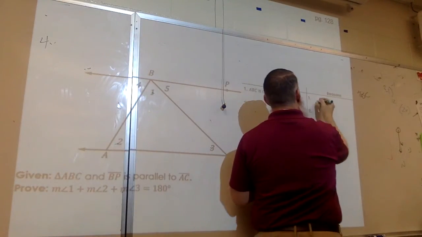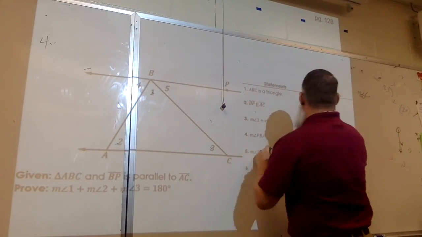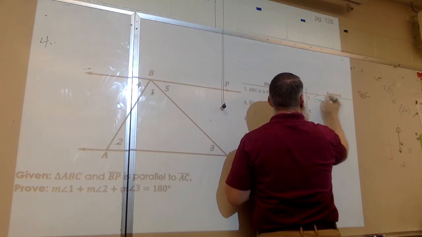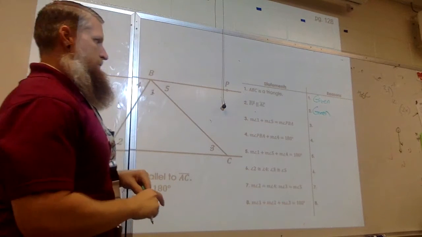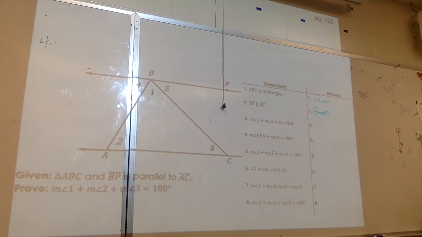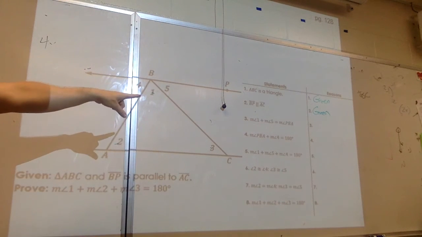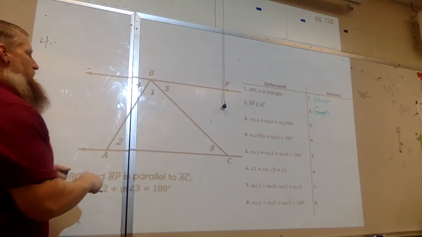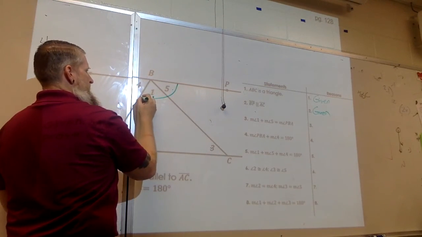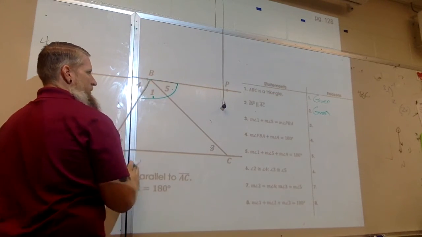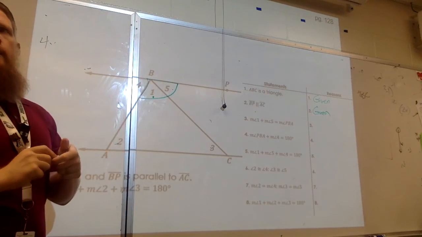All right, so if I go through these first two, if I look at what the given is, those are both given to me. Okay? All right, on step 3, where they're taking this angle and this one and putting them together to create a bigger one, that's something we haven't necessarily talked about for a while.